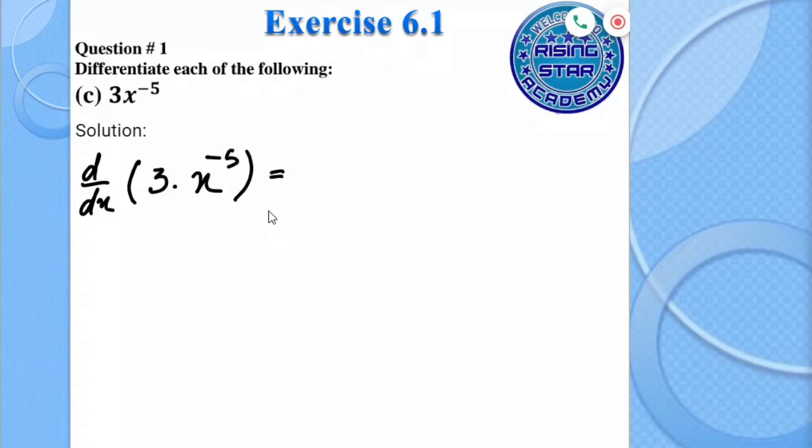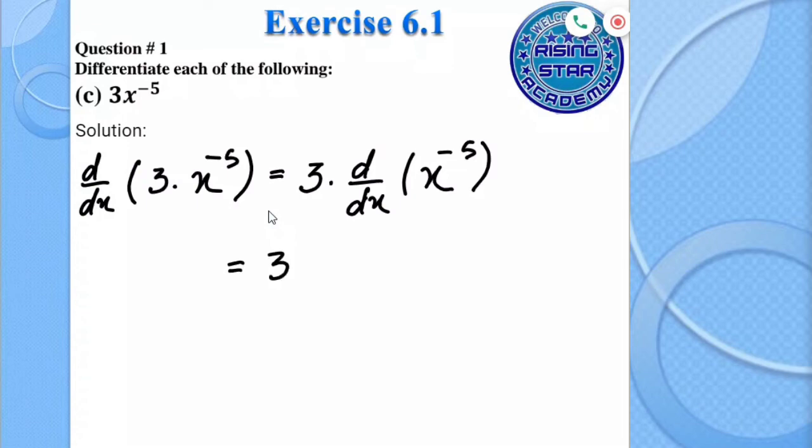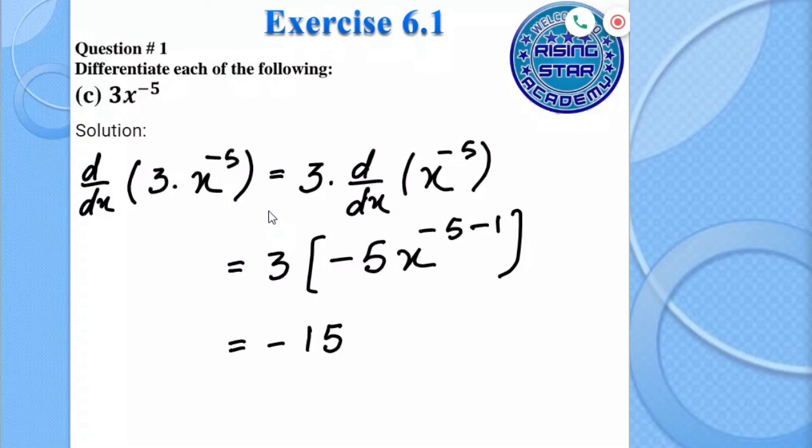So now we will write the constant as it is. Then we will take the derivative of only the variable x to the power of minus 5. So now we have 3. So apply the power rule. So minus 5 x to the power of minus 5 minus 1. So we have minus 15 x to the power of minus 6.